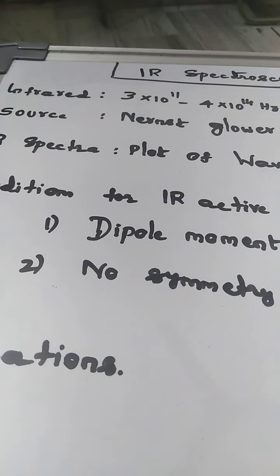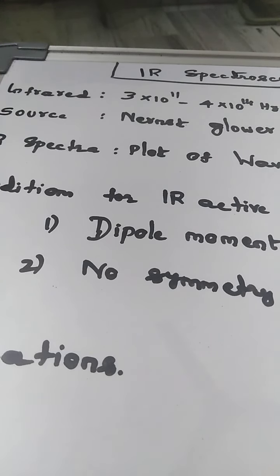We give energy in the form of IR rays which have a certain frequency. When these two frequencies, namely the vibrating frequency as well as the IR frequency, match, the molecule or the bond will absorb the energy from the infrared rays and it will start vibrating at a higher frequency level.